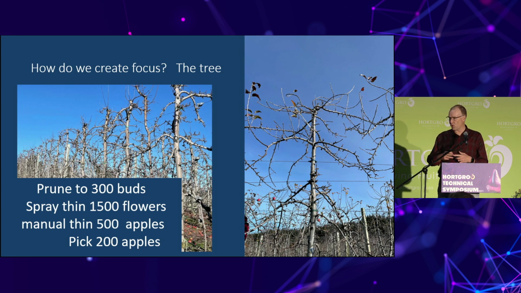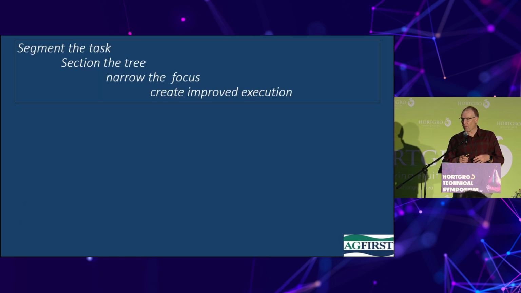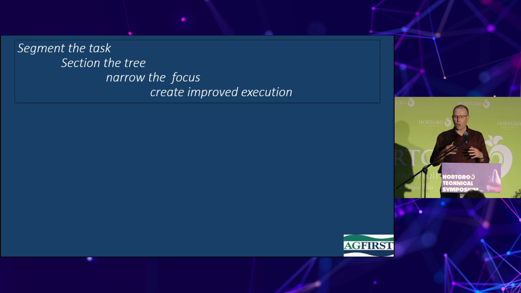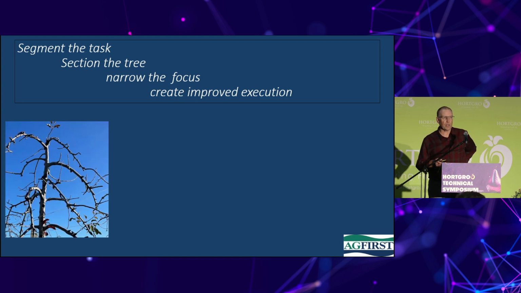Prune the tree to this speed, I want this number on it, and those sorts of things. But to create better results, I think we need to segment the task even further. So we need to section the tree down, we need to narrow the focus to create improved execution.